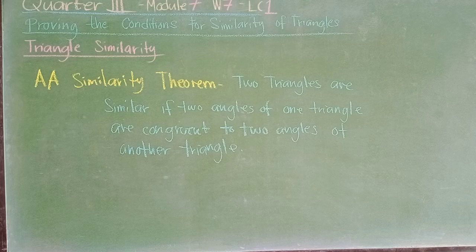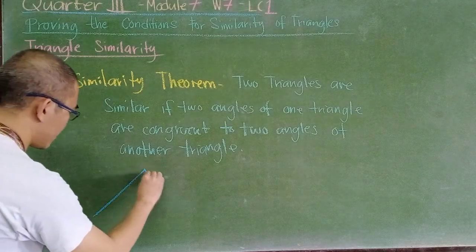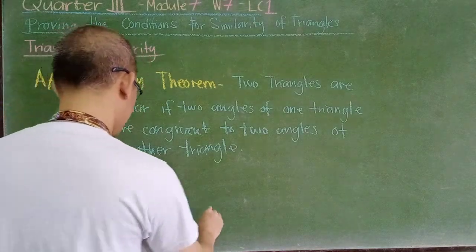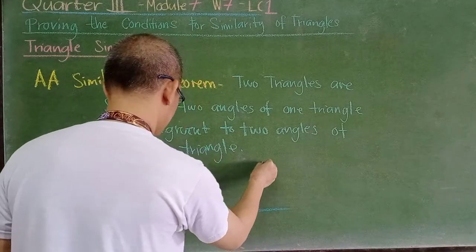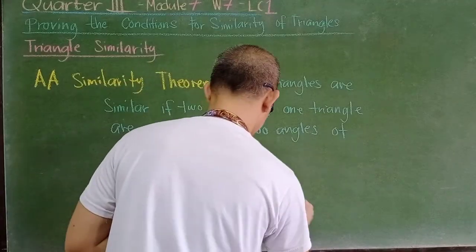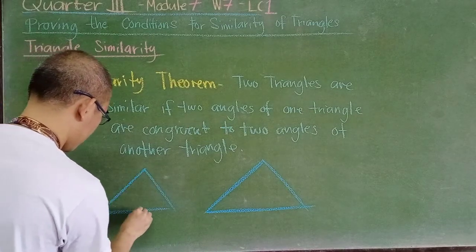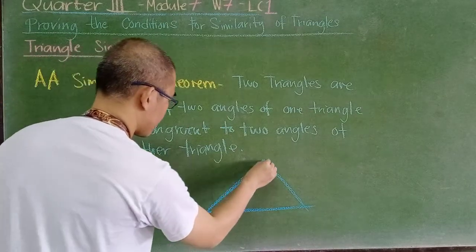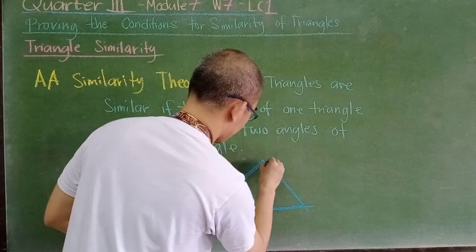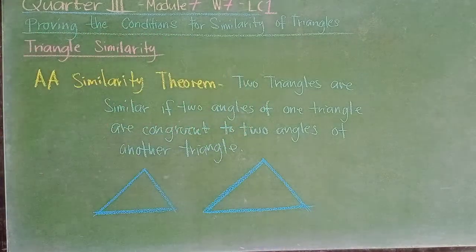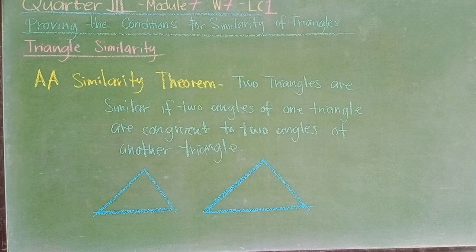So, halimbawa, let's say we have two triangles. Paano natin masasabing similar sila?